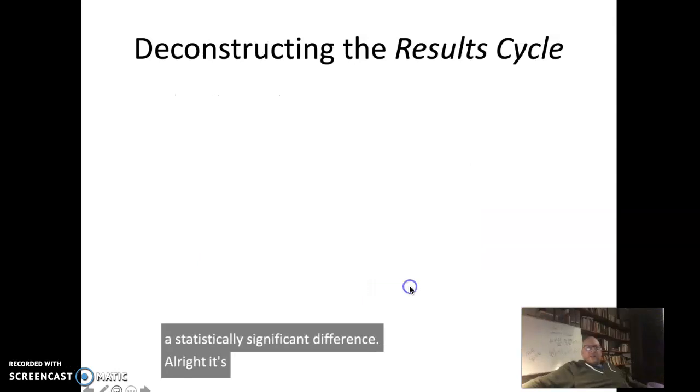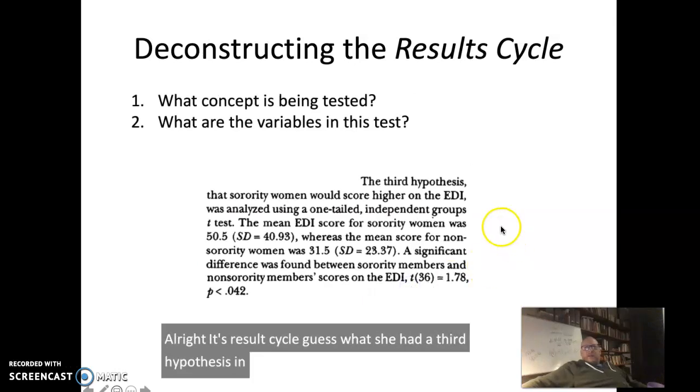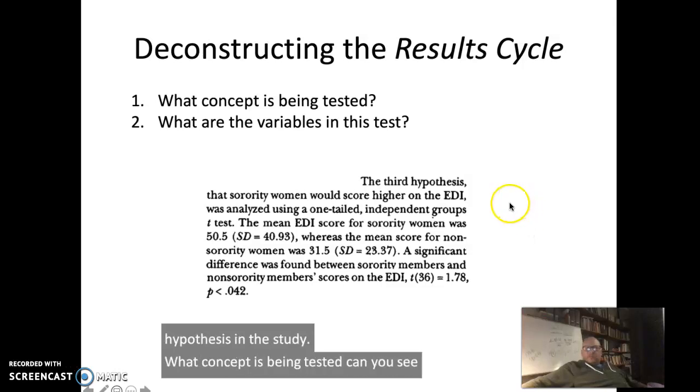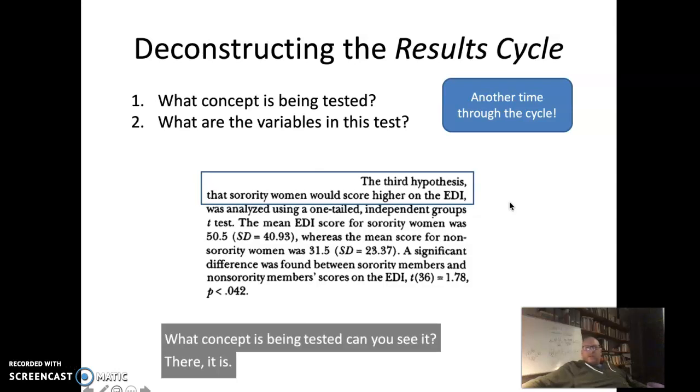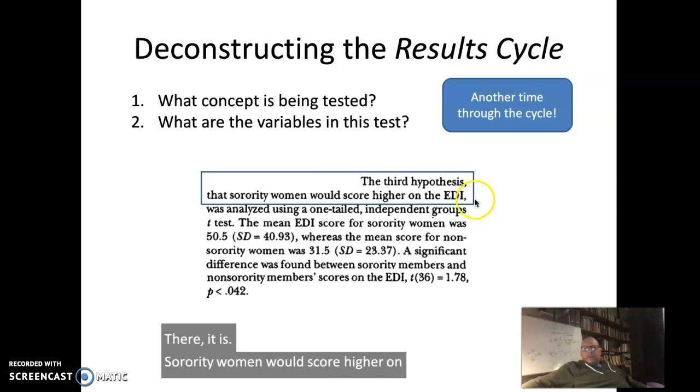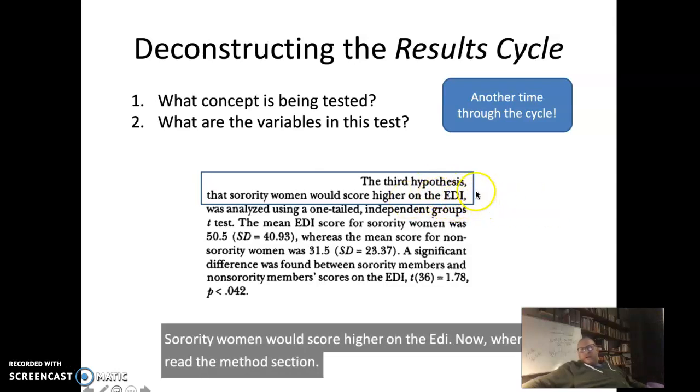Guess what? She had a third hypothesis in the study. What concept is being tested? Can you see it? There it is. Sorority women would score higher on the EDI. Now, when I read the method section, she defined this.